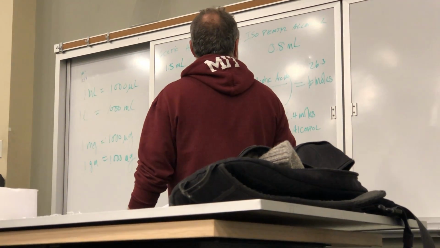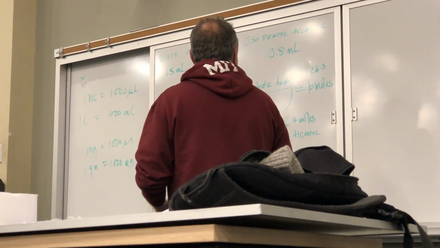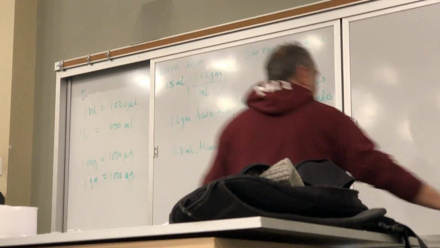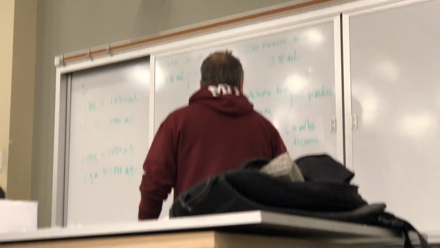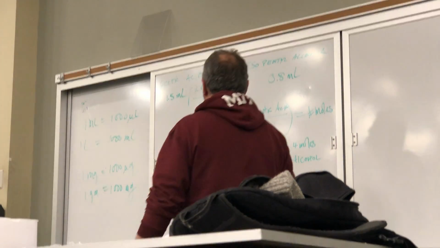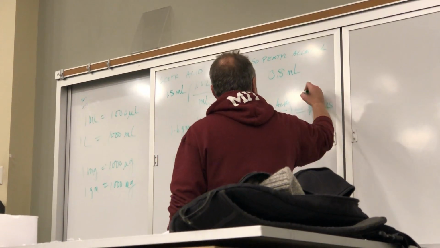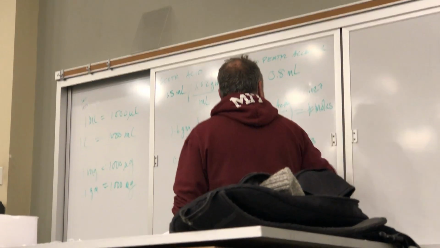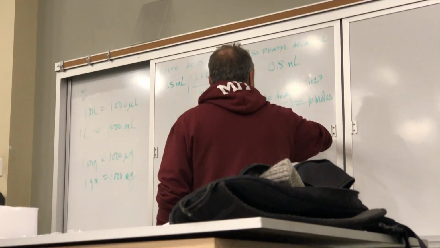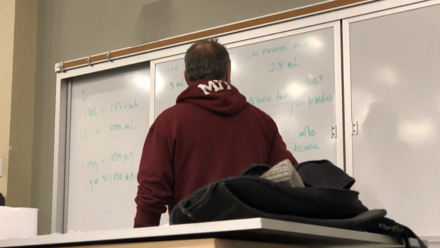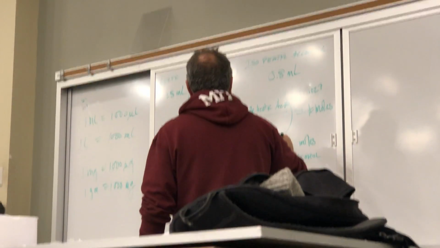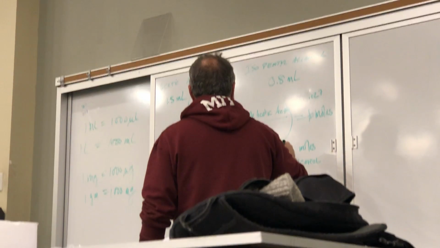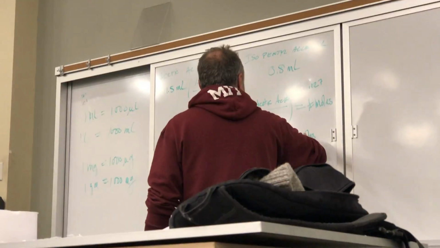1 divided by 6. All right, so somebody do the math for me. What's 1.6 divided by 60? 0.027. So, okay, and this is wrong. This is grams.